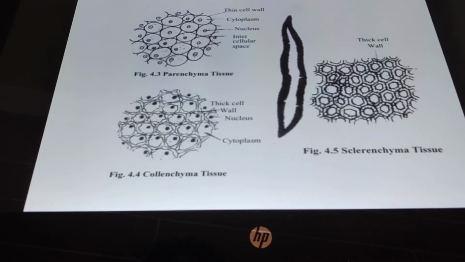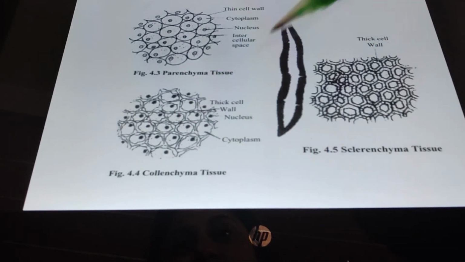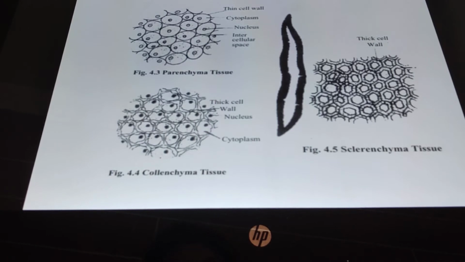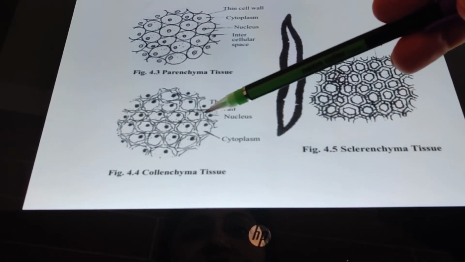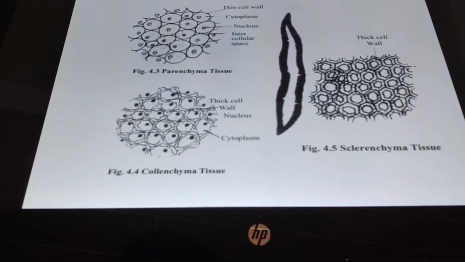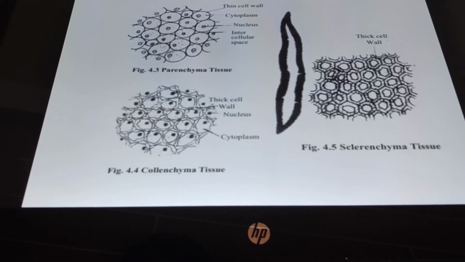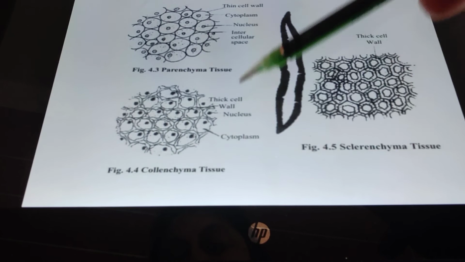Collenchyma has a thick cell wall at the corner, again with a clear prominent nucleus, but it has little intercellular space as compared to parenchyma. Its main function is to give flexibility to the plant without breaking, and also to provide mechanical support to the plant body.